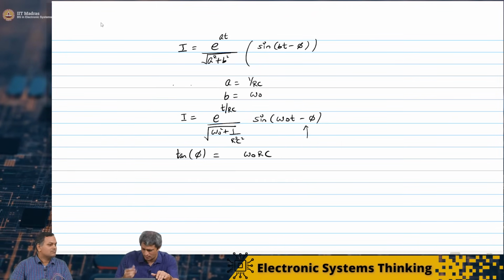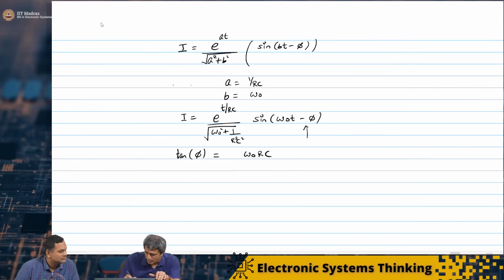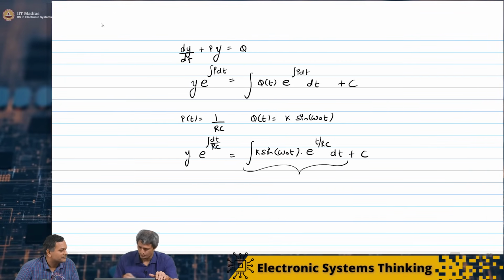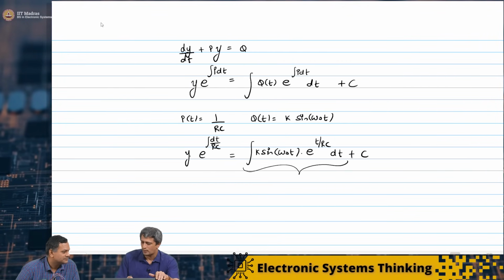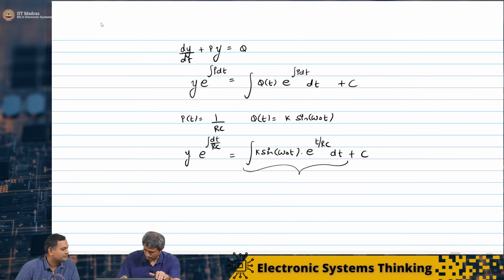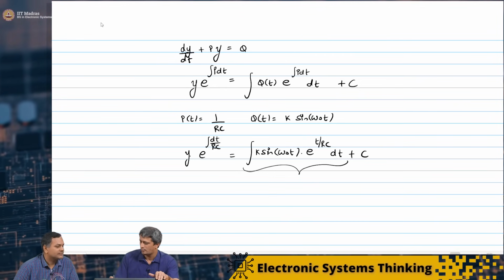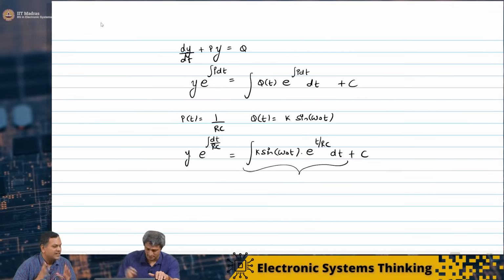But let's complete the equation. We basically said that the integral was this value, into e power t by RC. Therefore, I can divide by this e power t by RC and make it constant times e power minus t by RC.